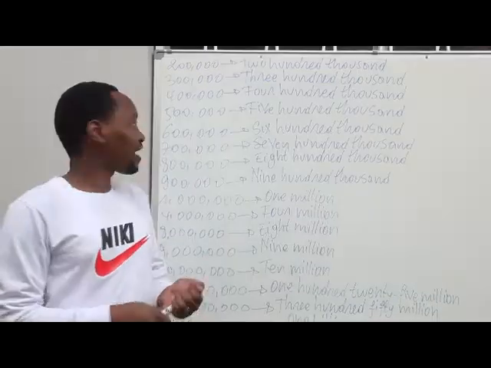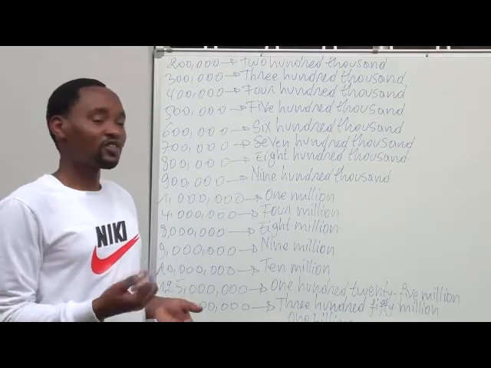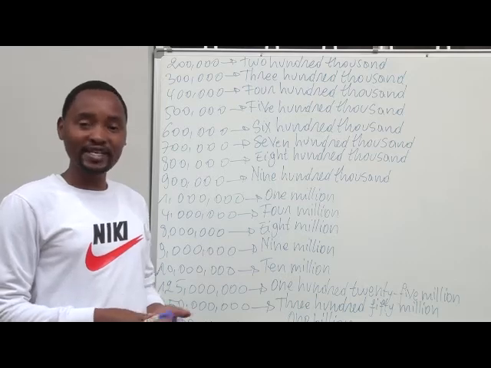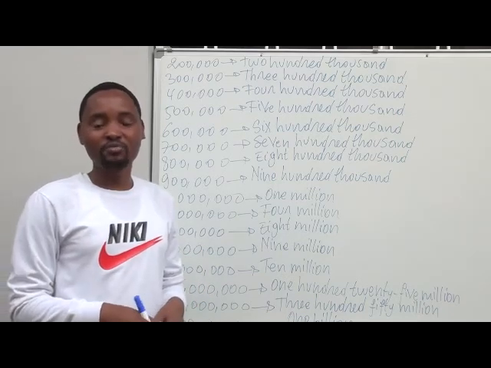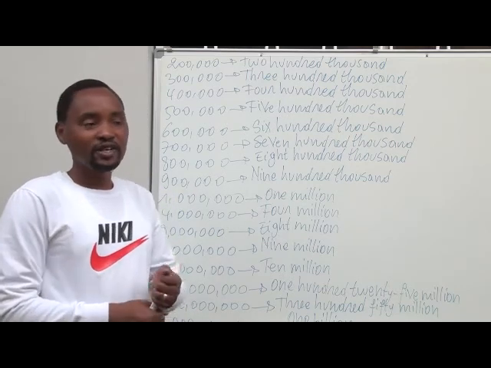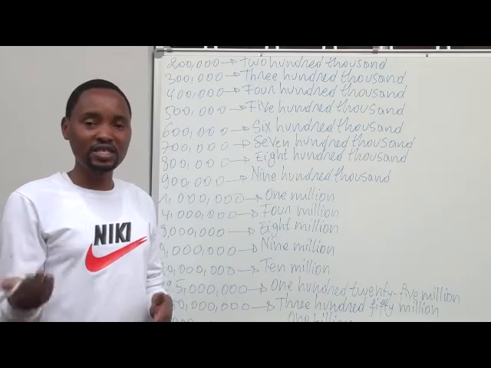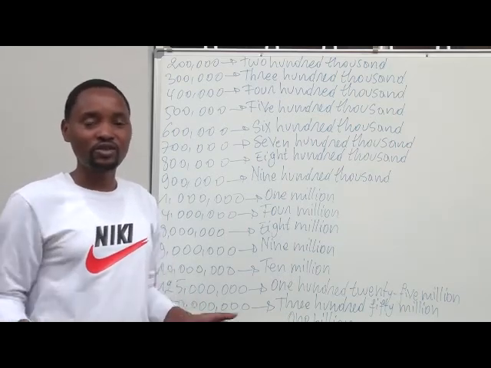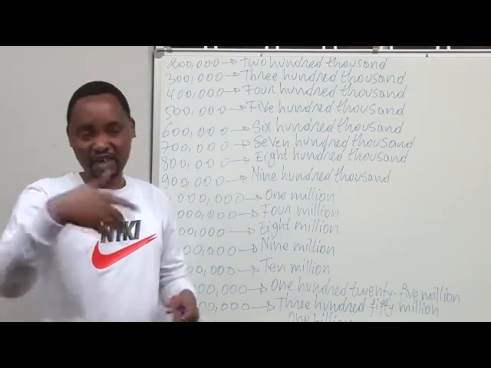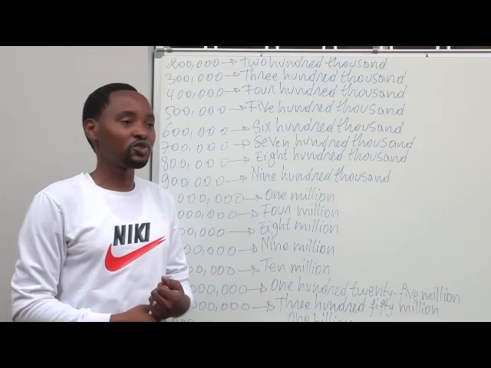So without delaying, let's count from 200,000 to 1 billion. We have other numbers beyond 1 billion, but we will not see numbers beyond it. We will only see how to count from 1 to 1 billion.